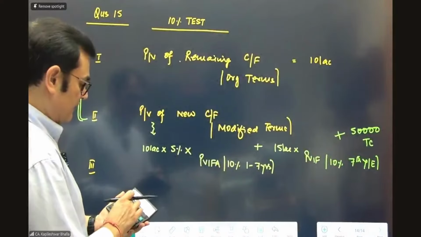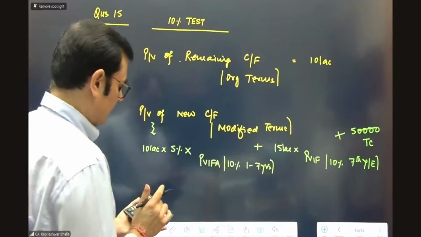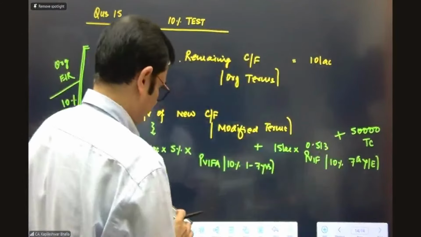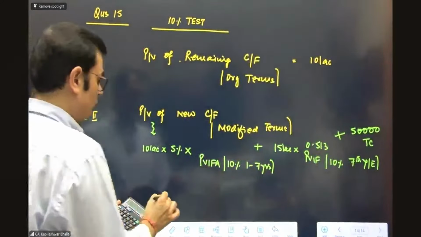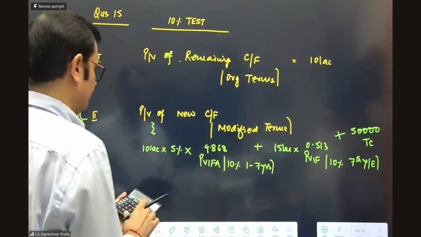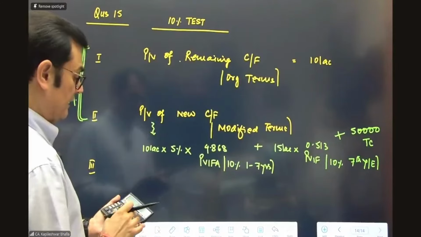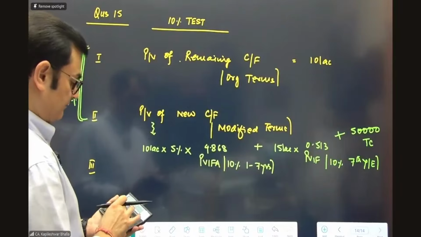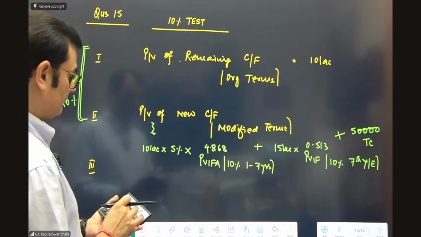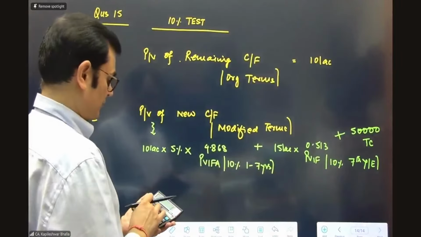So we need a 10%. 1, 2, 3, 4, 5, 6, 7. This is going to be 0.513. This is going to be 4.868. So this is 10 lakh into 5%, 4.868, 243,400.